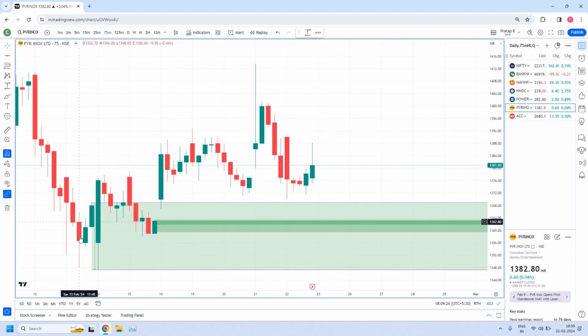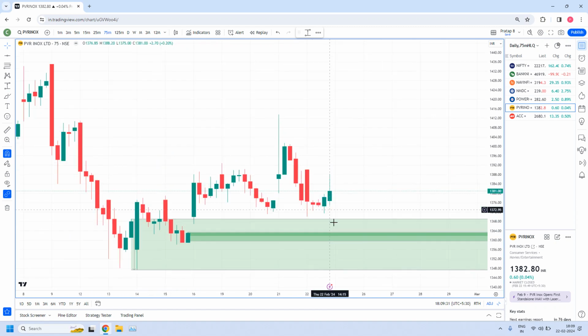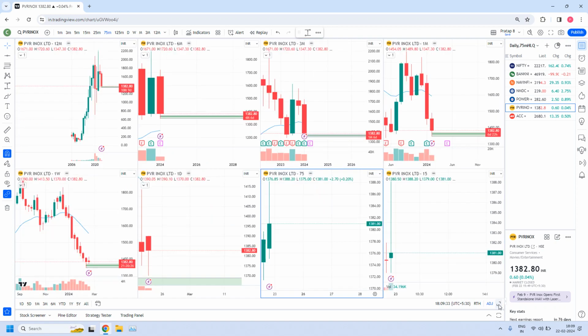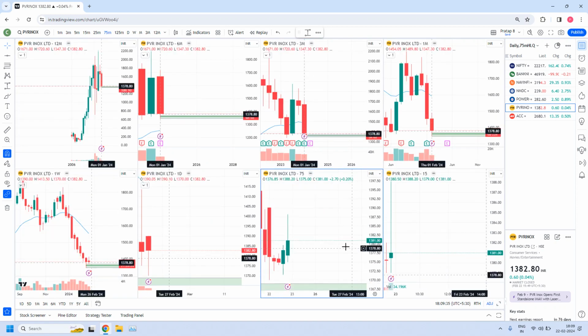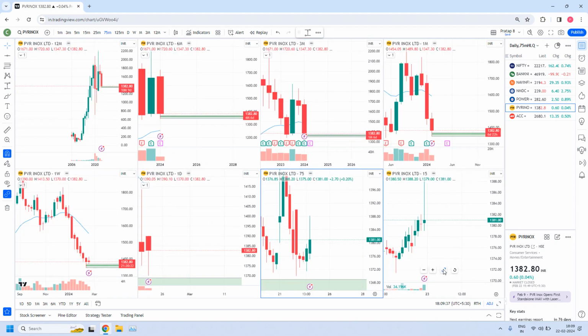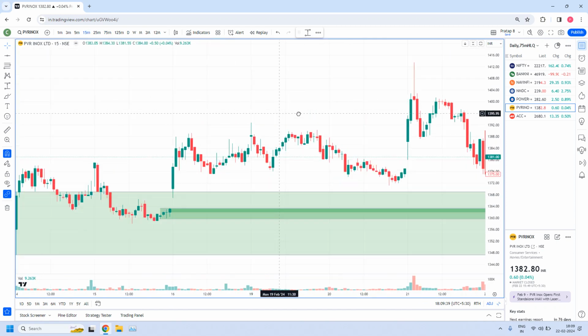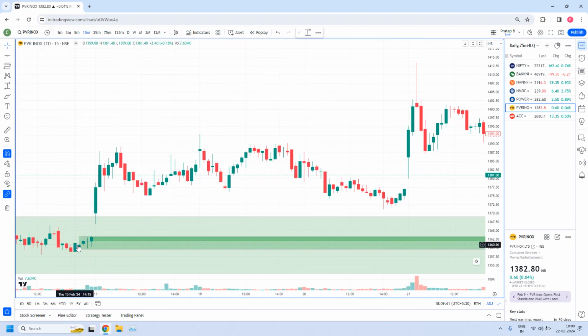We have a leg candle, 2 base candles and a rally candle. And inside we identified a 15-minute zone. Leg candle, 1, 2, 3, 4 base candles and a rally candle. And again inside this 15 minutes we identified a 5-minute zone.